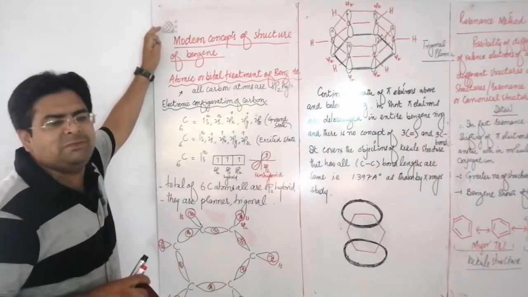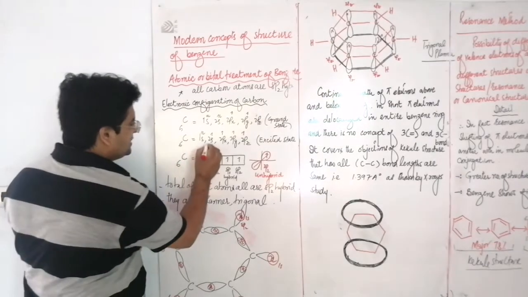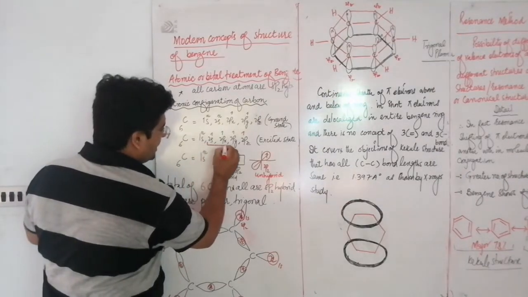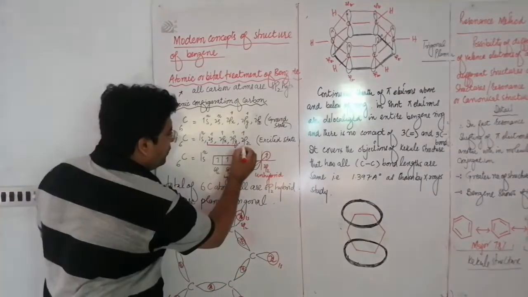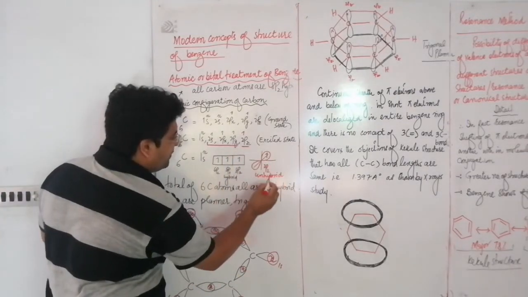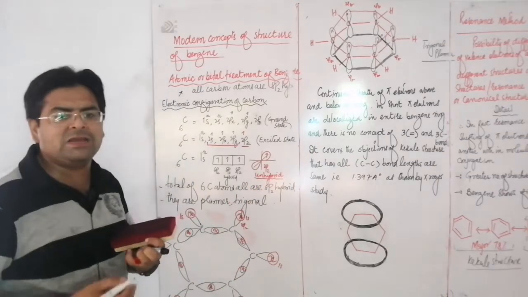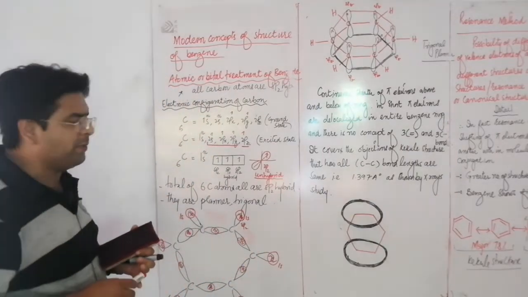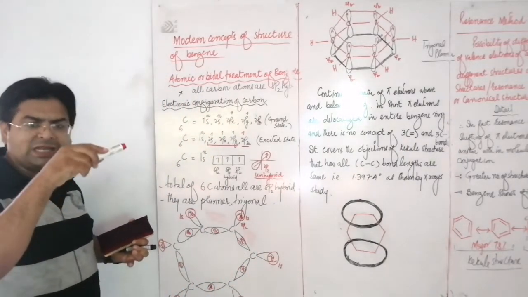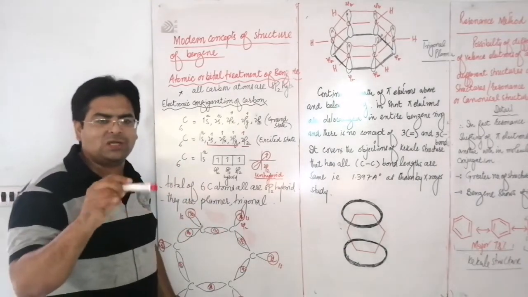As we know, in benzene there is sp2 hybridization; 2s and 2p orbitals contribute in hybridization, and the 2pz orbital will remain unhybridized. That unhybridized p orbital will be used to produce a pi bond that is delocalized. We will see how the pi bond is delocalized.